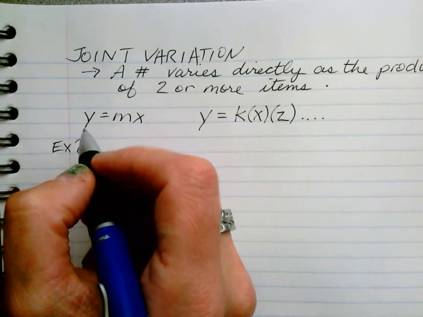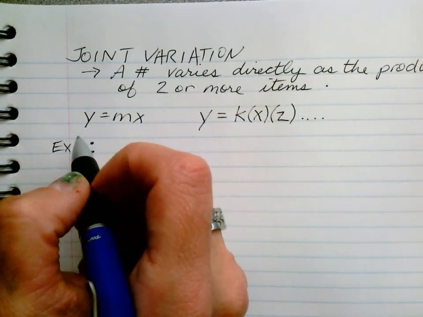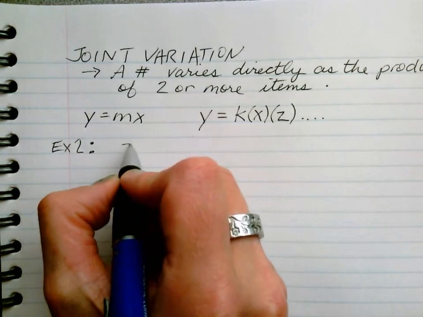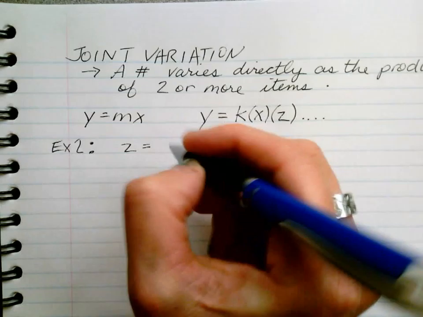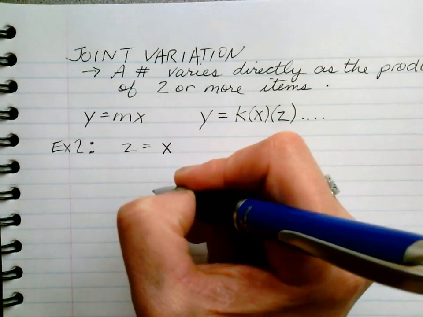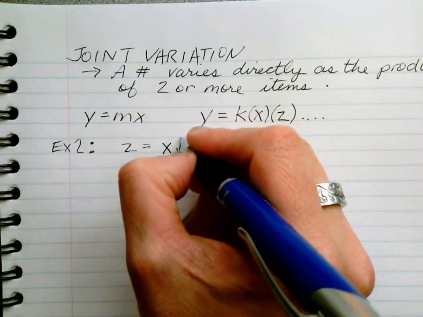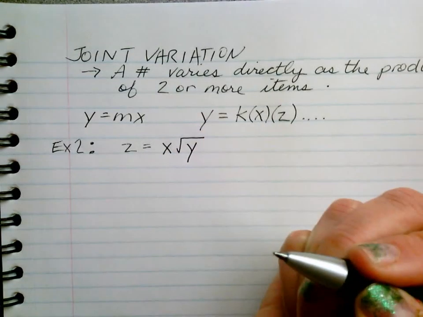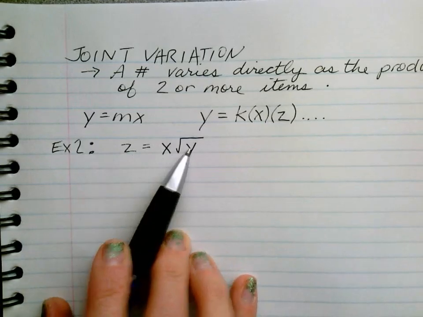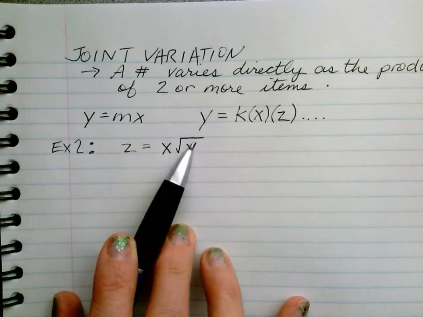Example 2. It says, if Z varies jointly as X, okay, and the square root of Y. Okay, so these two things, we're not inverse right now. We're just like direct variation.